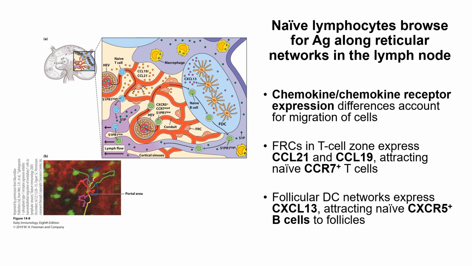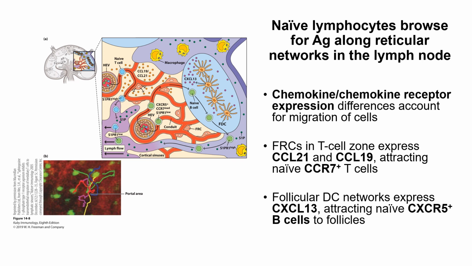As these lymphocytes move along these fibroblast reticular cell network FRC conduits, they're also browsing for antigens. Along these reticular cell networks are dendritic cells, pictured tucked into the corners and along the lining of these FRC networks. These are antigen presenting cells.